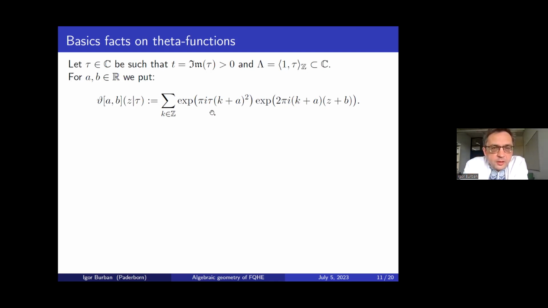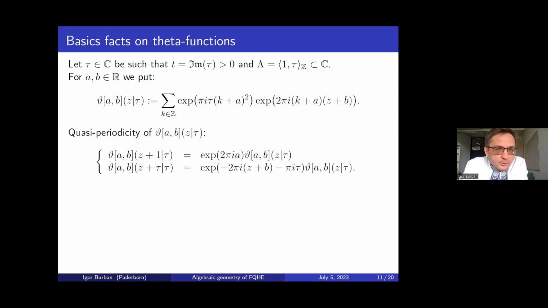And if we write what is the absolute value of each summand, we see that, no matter what Z is, this series is converging very rapidly. And formal manipulations with series also allow us to conclude very quickly the following two quasi-periodicity conditions.